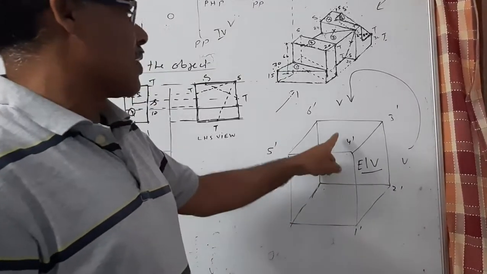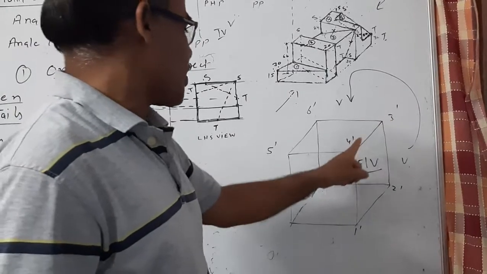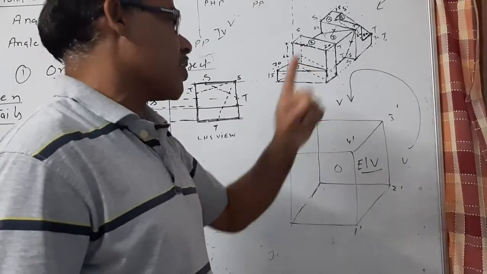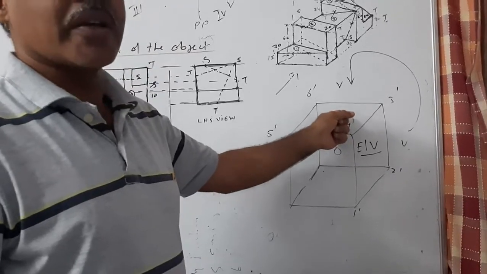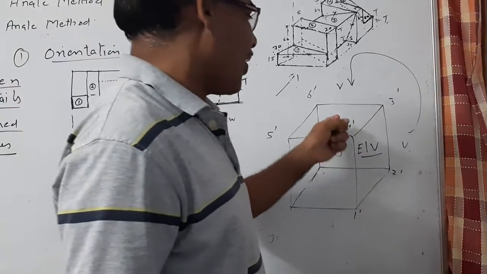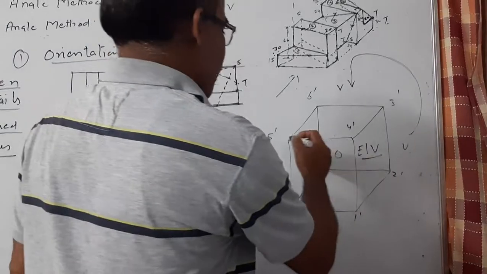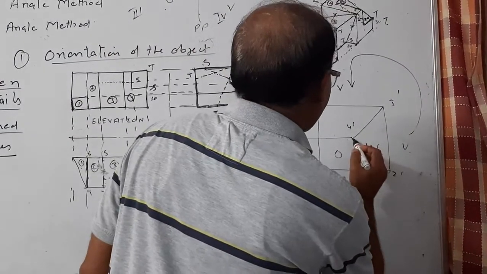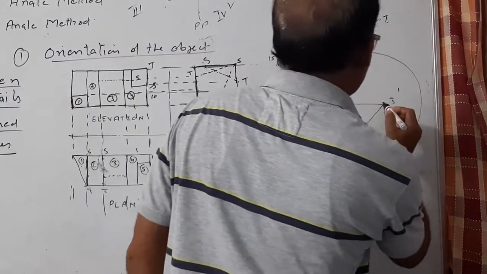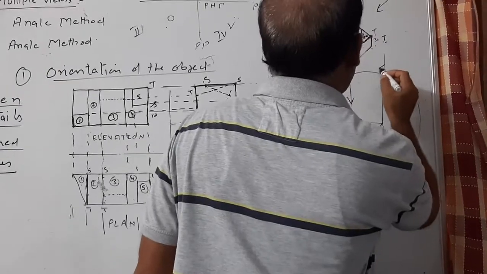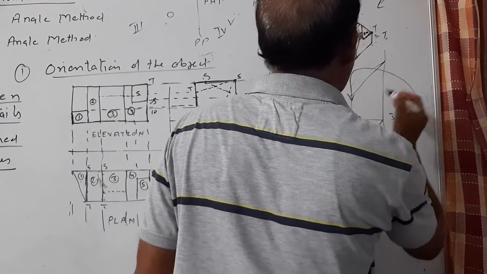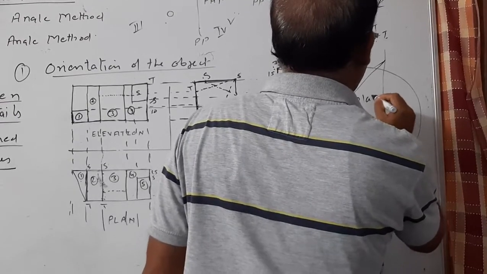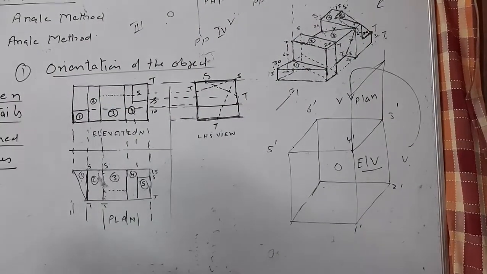Object is inside, this is the projection plane 3 dash, 4 dash, 5 dash, 6 dash, and this is the viewer. So the view would be coming over here, and now to bring all of them in one plane, we will rotate this plane in the plane of elevation, keeping it fixed. So this is the new position of the plan, which is at the top of the elevation.